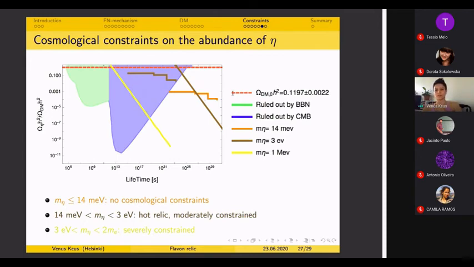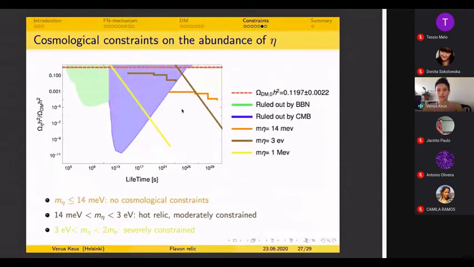If you go to an eta mass which is a little bit heavier, that means the lifetime of this particle is shorter, which means that there would be cosmological data that would constrain your model. So any value of eta mass between these two would be exposed to some cosmological bound, but it would also have regions which are not constrained by any cosmological data.